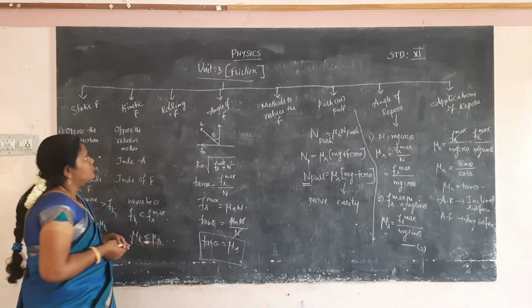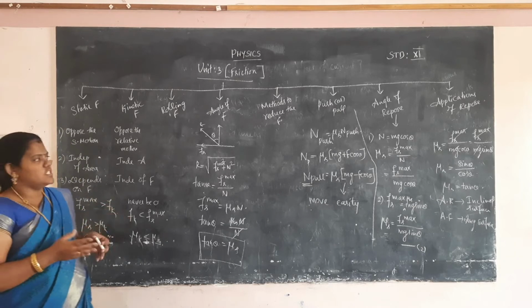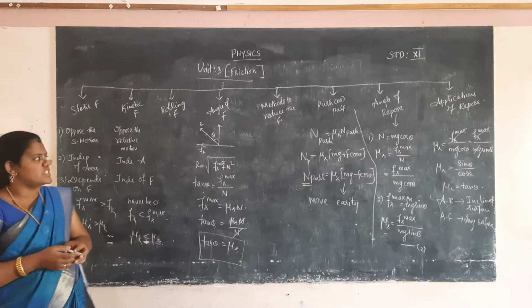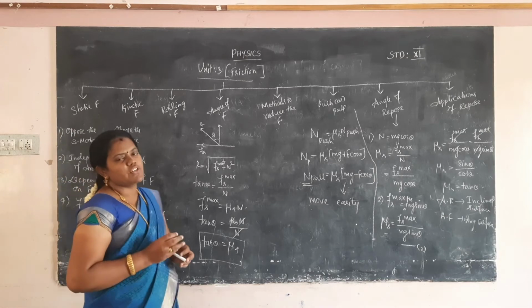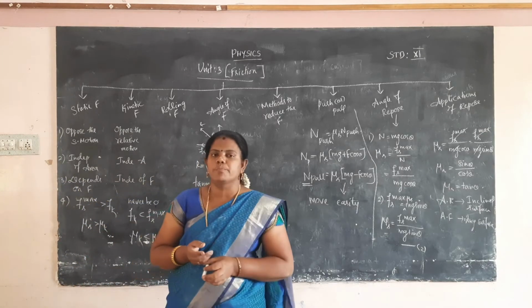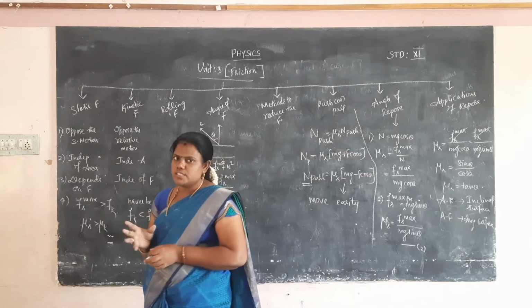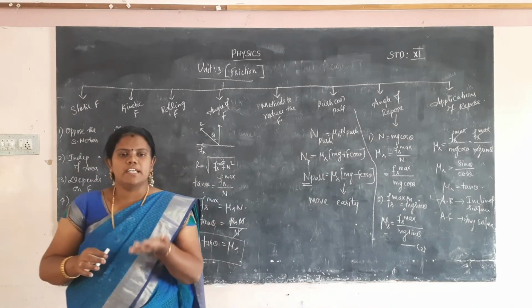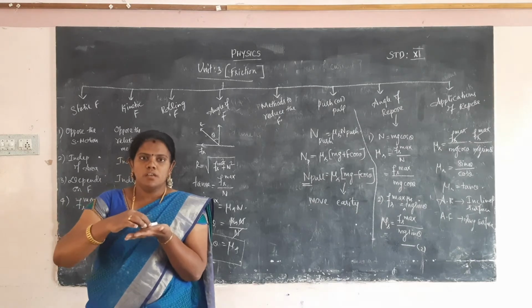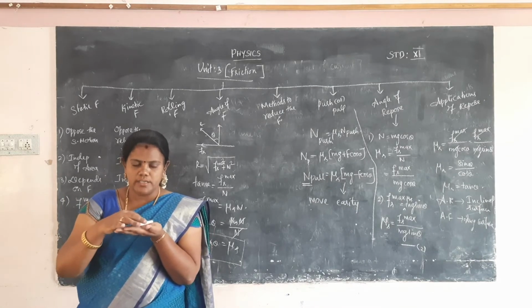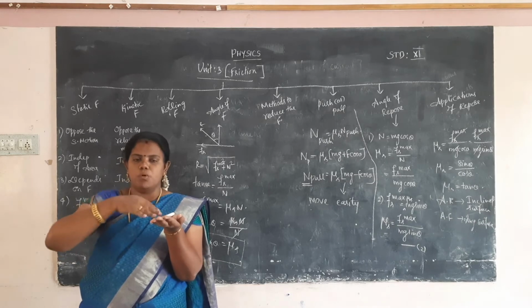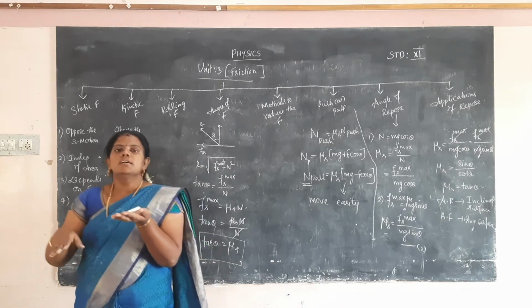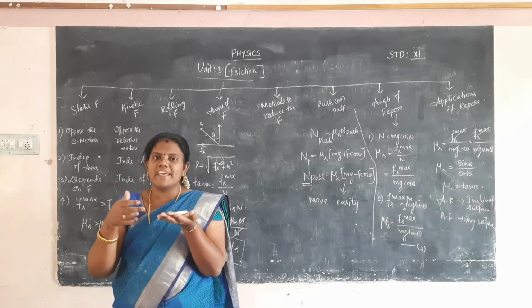In the category of friction we have various topics. First one is static friction. Three types of friction are there: static friction, kinetic friction, and rolling friction. Static friction means one object will be in a rest position, in contact with the table or book or hand or any object. We try to apply force on the object.